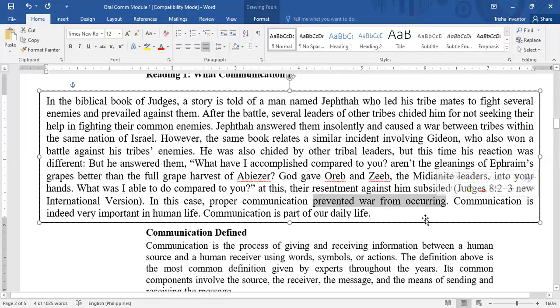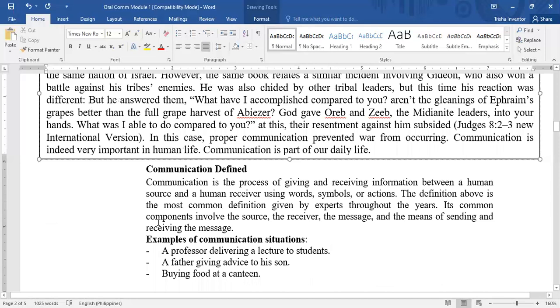So communication is indeed very important in human life. It is part of our daily life. In the story of Gideon, as you can see, because he used communication properly, he was able to prevent war and communicate well with his tribe mates or other tribal leaders.